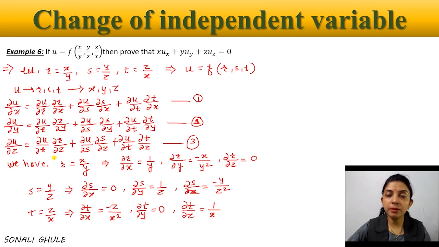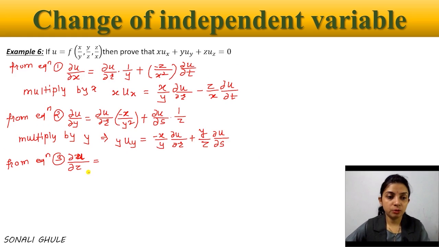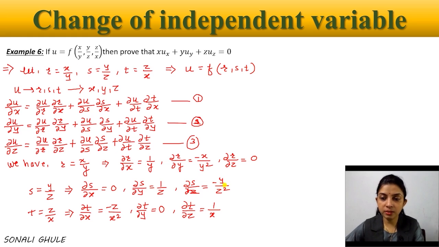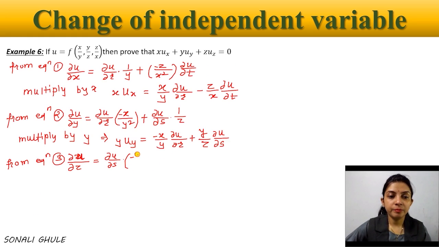Means your first term is now going to be 0. So you will get only these two terms. Okay. What is s with respect to z? Yes, minus y upon z square. So let's write here u with respect to s and s with respect to z, minus y upon z square, plus then u with respect to t, right?